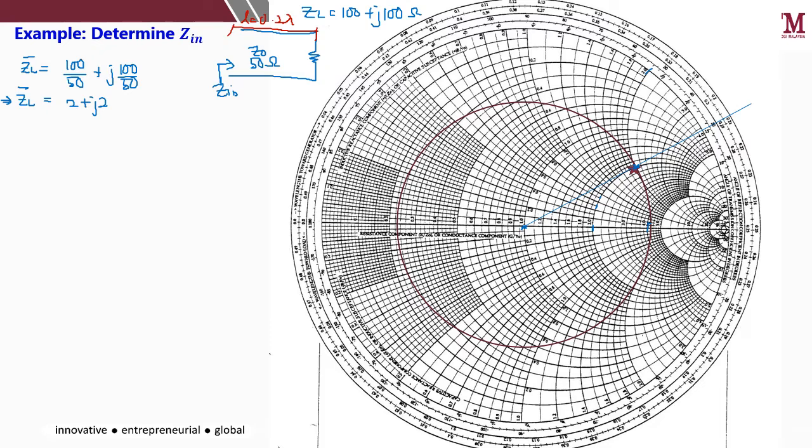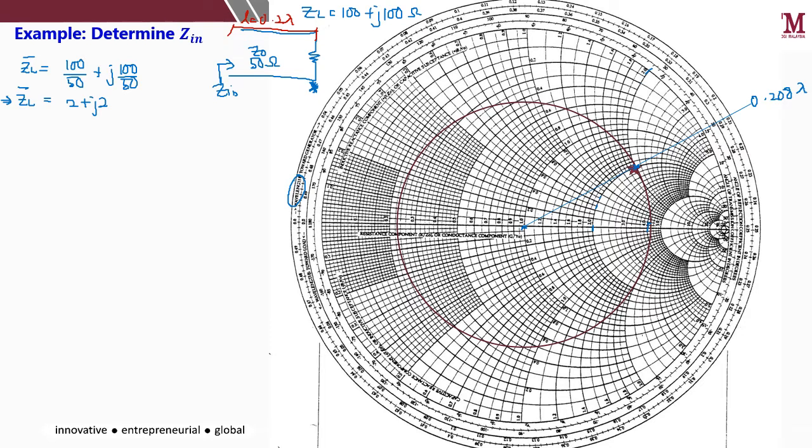The current position is here. You read through the wavelength scale, the outer part of the axis. So you'll get 0.208 wavelength. This is the current position.